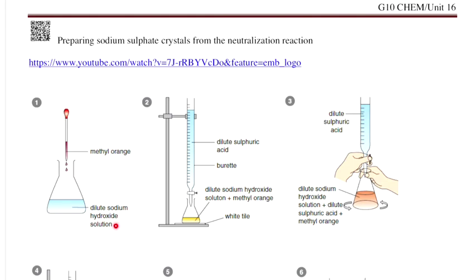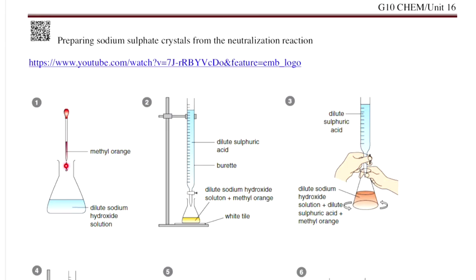Remember, we have learned a lot of indicators that change color when going from alkaline to acid or acid to alkaline. In this reaction, we choose methyl orange. How to choose the indicator is also an important task in this kind of experiment, and we're going to discuss it in later units.